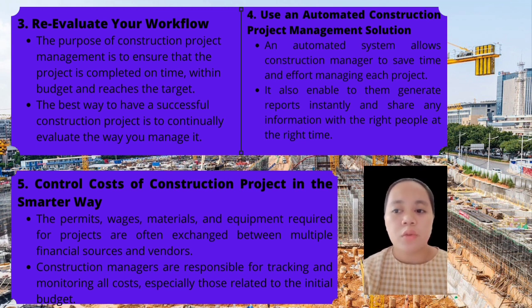Number 5 is control the cost of construction projects in a smarter way. The permits, wages, materials, and equipment required for a project are often exchanged between multiple financial sources and vendors. Construction managers are responsible for tracking and monitoring costs, especially those related to the initial budget.